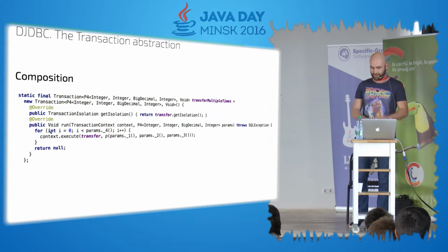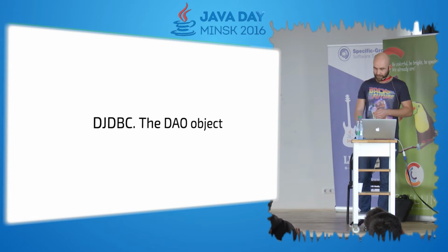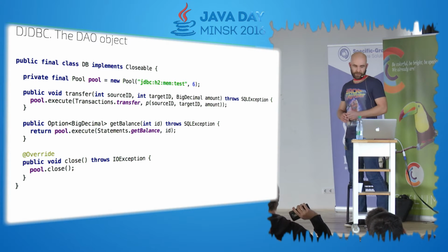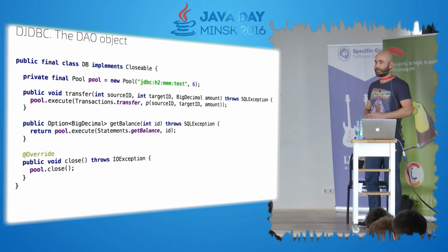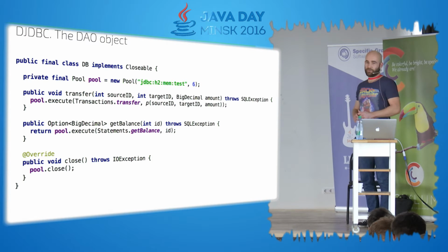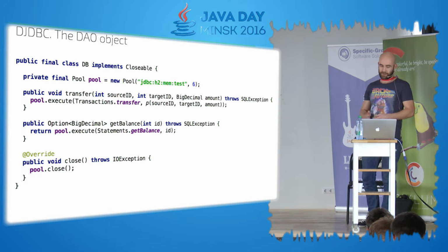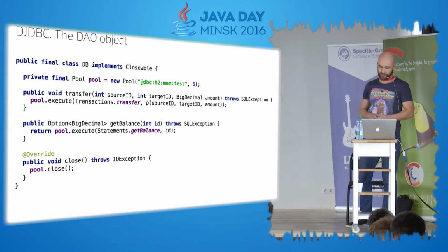This is why it's best to just have here code which deals with the database or simple calculations. And then we end up at the outer level of our application, where we would have the so-called DAO object, which would simply abstract over all the functionality that we have there in our application, over all statements and transactions.